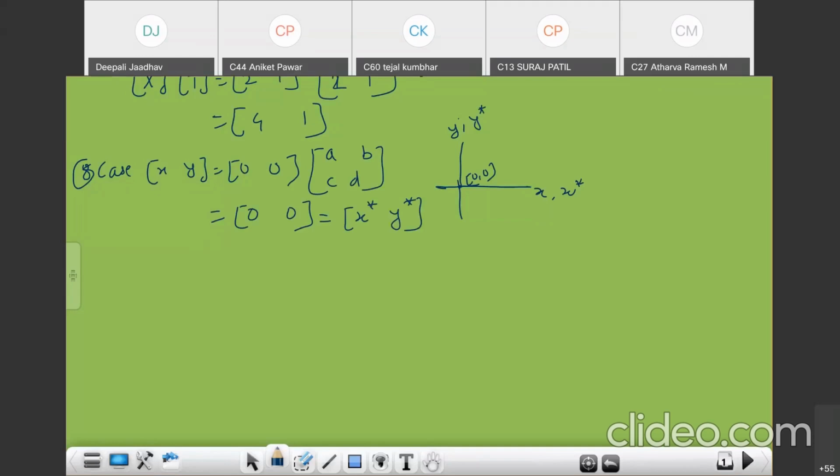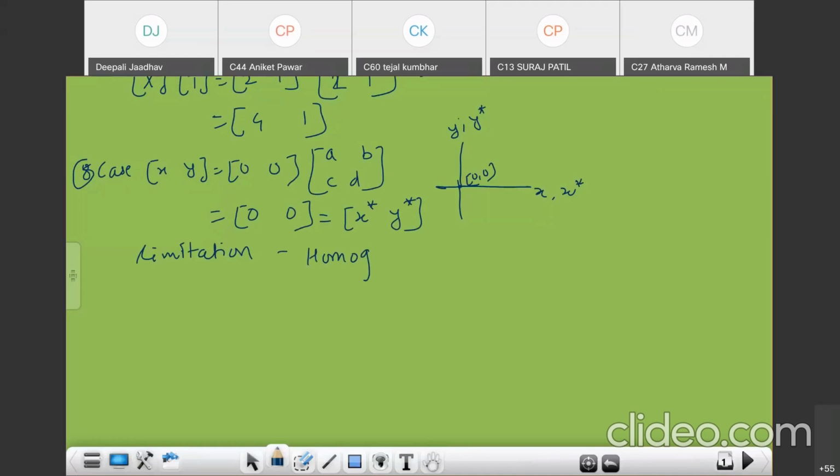It is not possible to transform the origin, the point 0, 0. That is the limitation of point transformation, that we cannot transform the origin. Now this limitation we can overcome by using homogeneous coordinates.